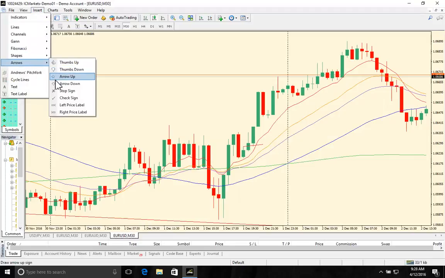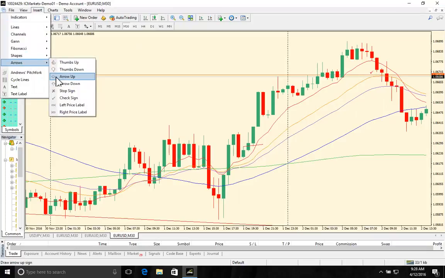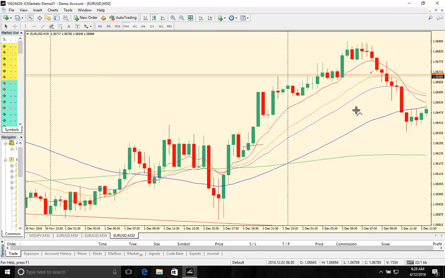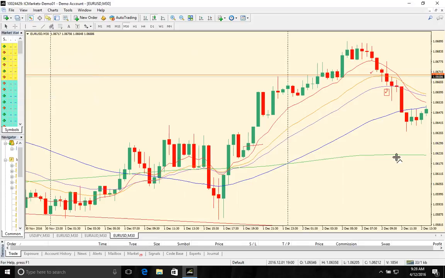Your first exit scenario will be up here, based on the moving average. That's it. Your second exit could be here, and your third exit can be around here.